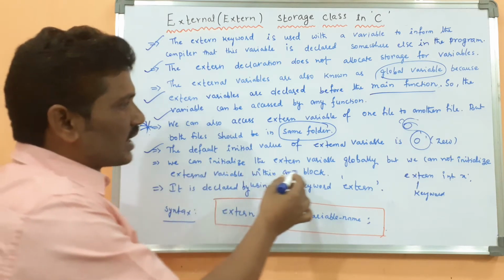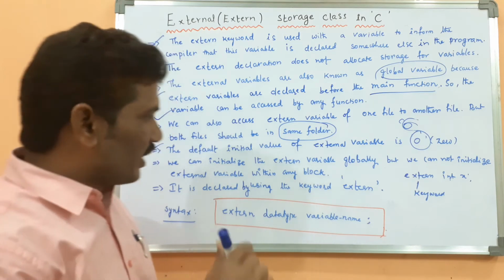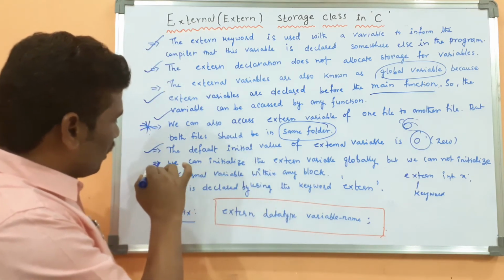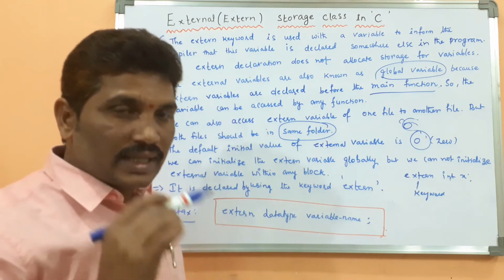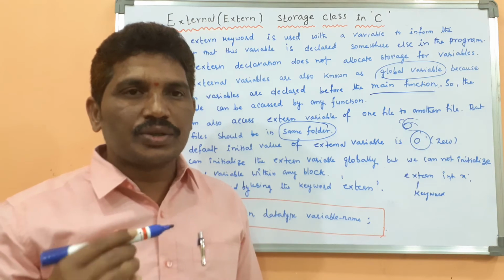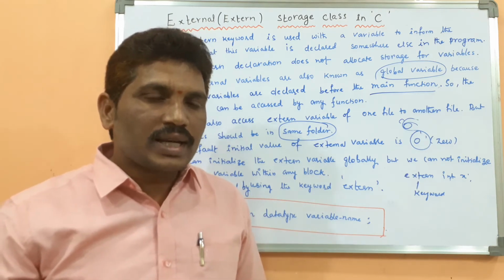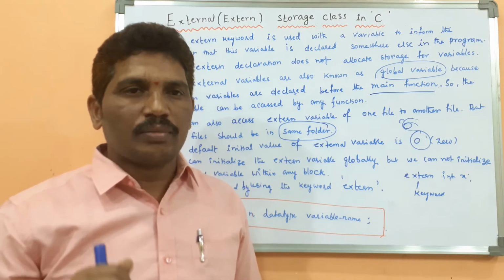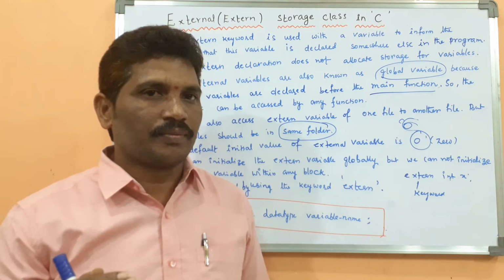We can initialize the external variable globally. This is very important, because an external variable must be defined globally. Globally means it should be defined before the main function. It can't be initialized within the block or within the function. Please be careful.